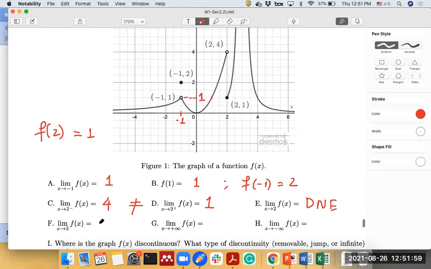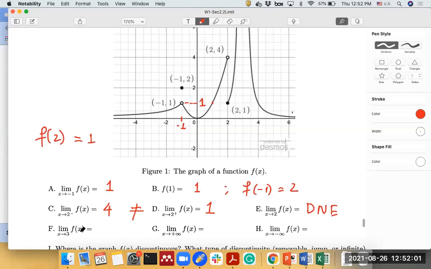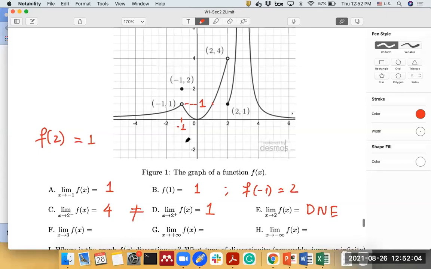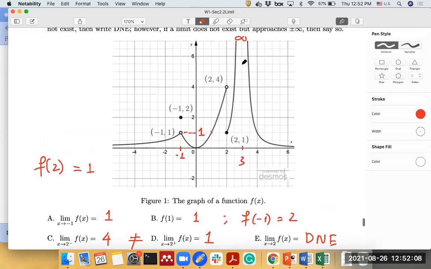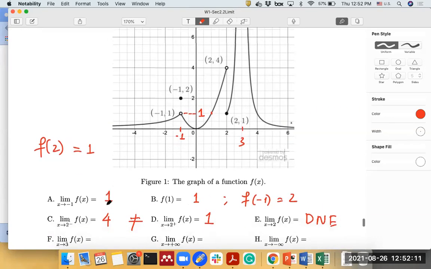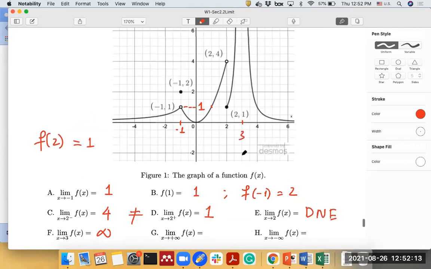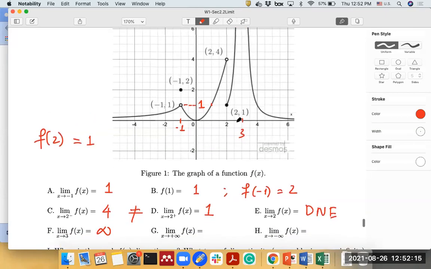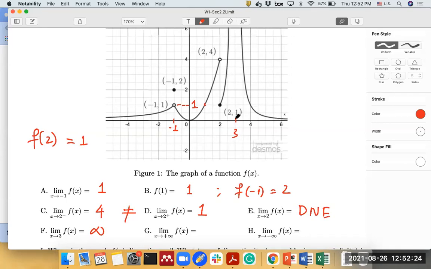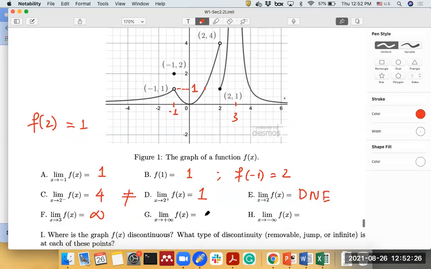So what is the limit of f(x) when x approaches 3? Yes, they all go to infinity, right? Good job. How about when x goes to infinity? Yeah, the graph becomes very small. According to this trend, we see that the graph will come closer and closer to 0 here, right? How about x goes to -infinity?